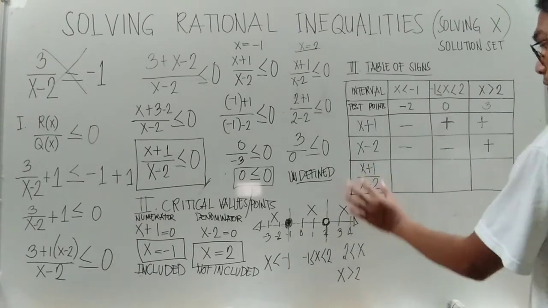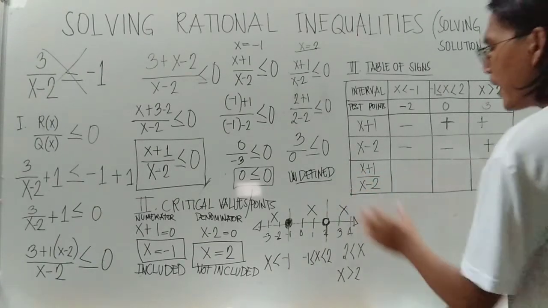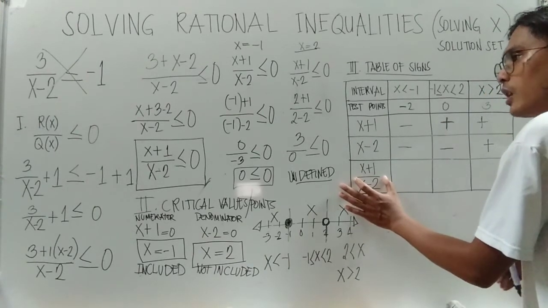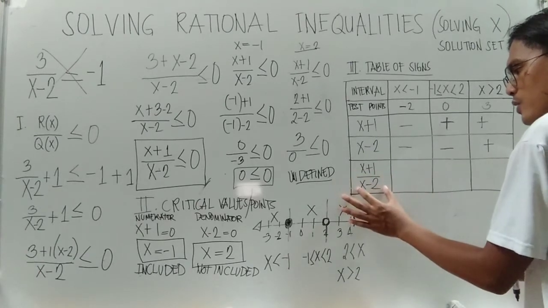So you have x plus 1 over x minus 2. Let us not forget that the fraction bar denotes the operation of division. So x plus 1 divided by x minus 2.